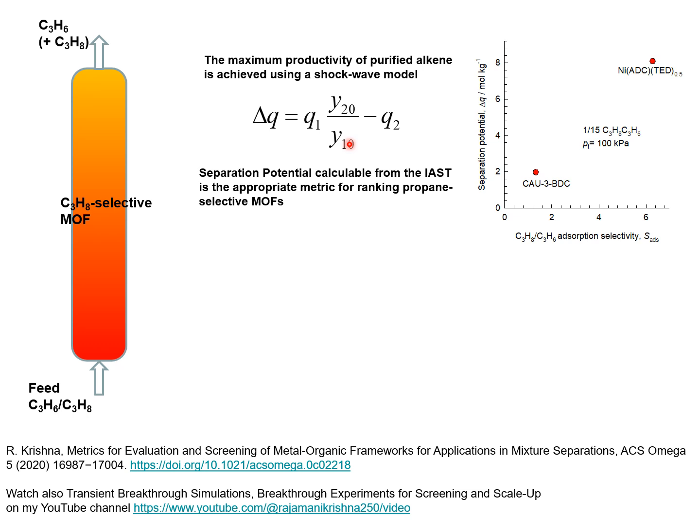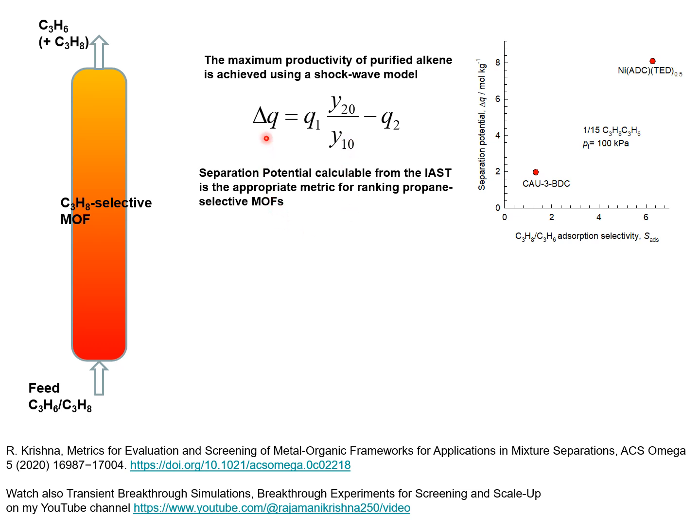So for a 50-50 mixture, this ratio is unity, and for a mixture of propane to propene in the ratio of 1 to 15, this factor here, y20 divided by y10, is 15 divided by 1.